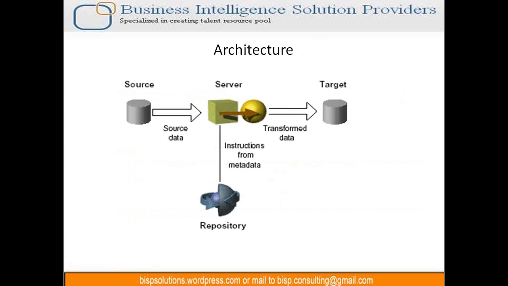And just a pictorial view. You have the sources, then you have a server in between, which is directly connected with the repository, the metadata, and it is reading from your mappings, whatever flow you have created.